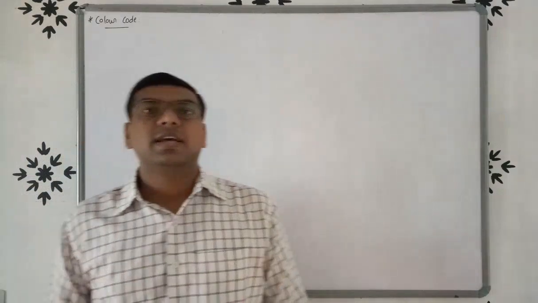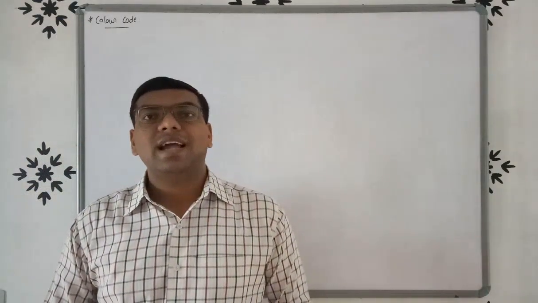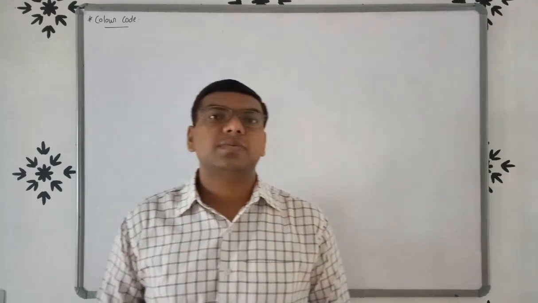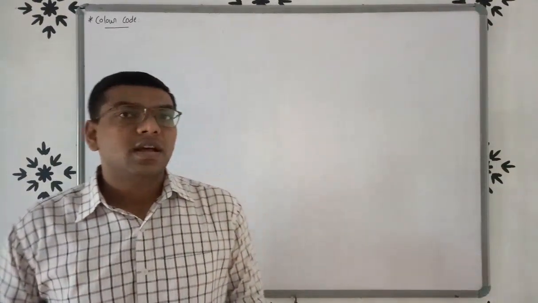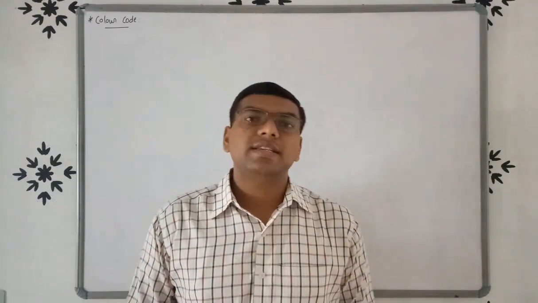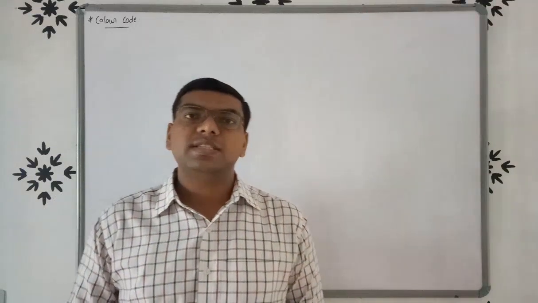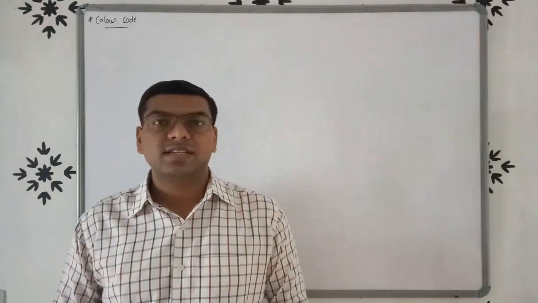Hello friends. In the last lecture we discussed the types of resistors. There are two types of resistors: wire wound resistor and carbon resistor. Now we will discuss how we can decide, or find out, the value of resistance.